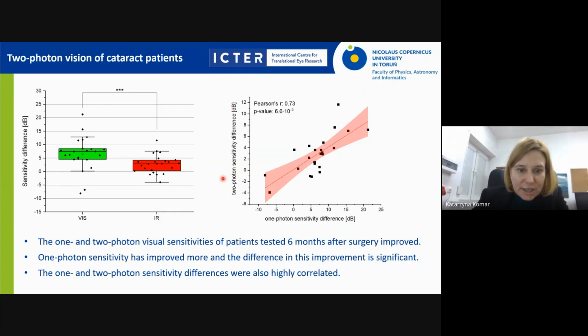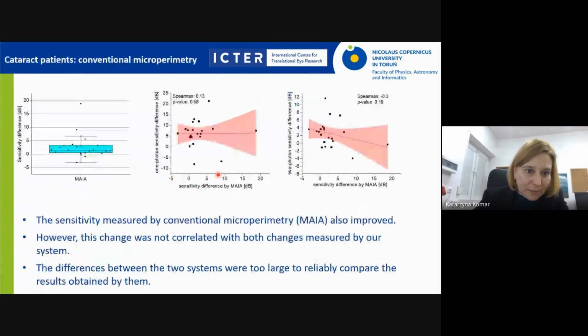And we also checked that the correlation between these 2 sensitivity differences was pretty high in our subjects. So we think that this confirms our hypothesis: the sensitivity for the visible beam changed more after cataract surgery than for the infrared two-photon beam.